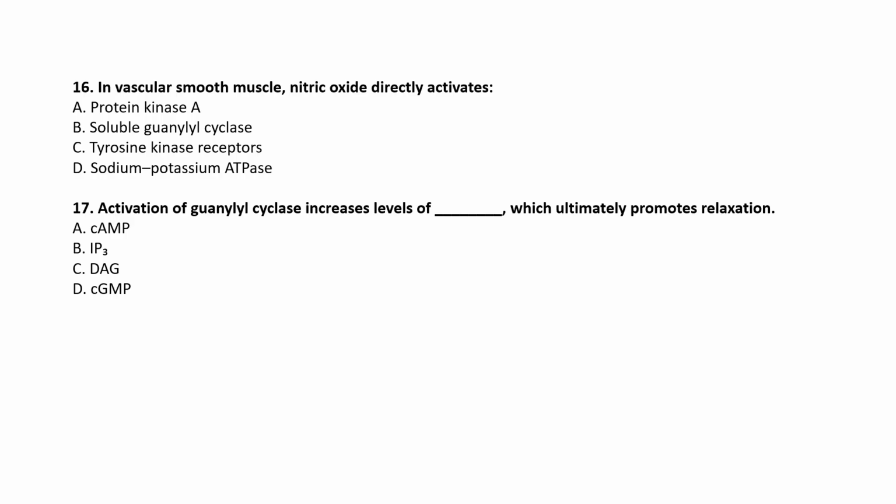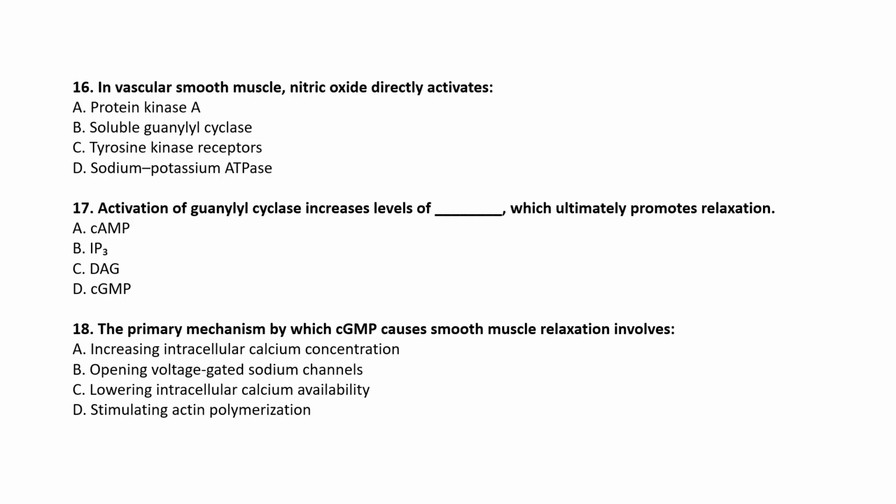Great. All right, let's talk about the next one. The primary mechanism by which cGMP causes smooth muscle relaxation involves which of these steps?